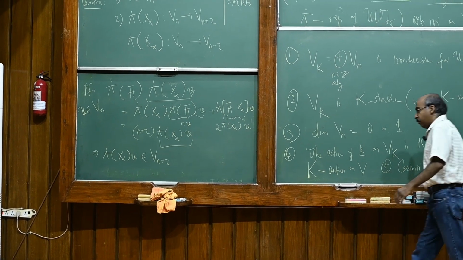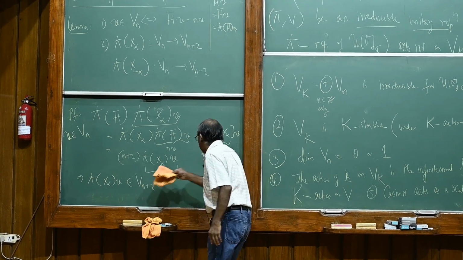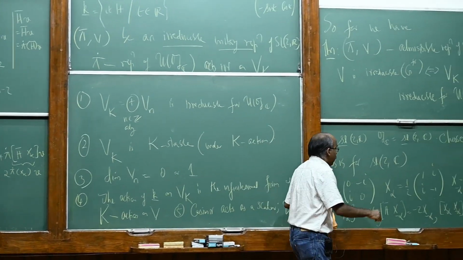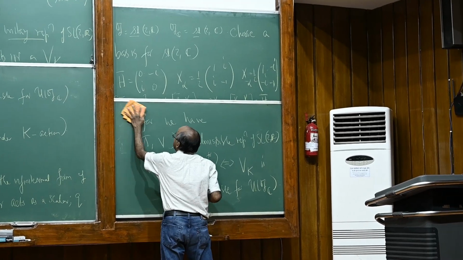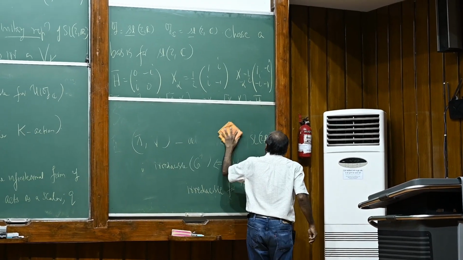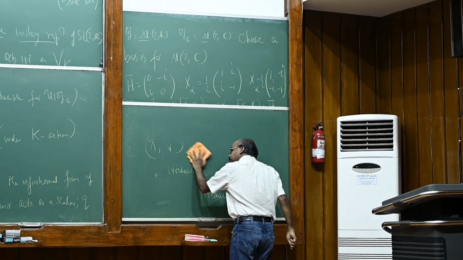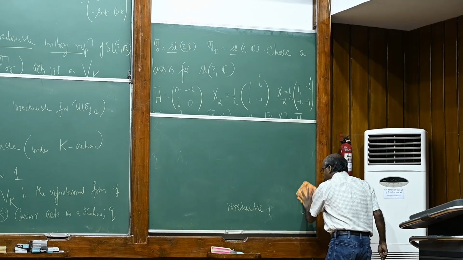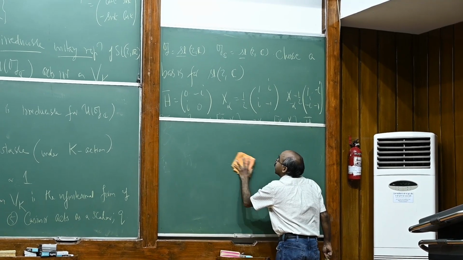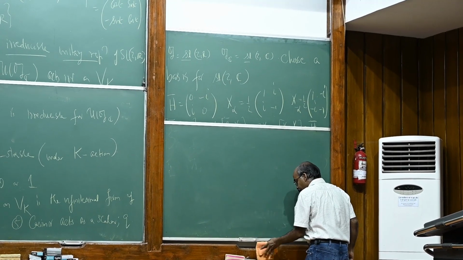Okay, so even though it's a simple proposition, it has important consequences, and from now onwards, the arguments are simple because we have already done the hard work. We just need to analyze what are the K types that can appear.